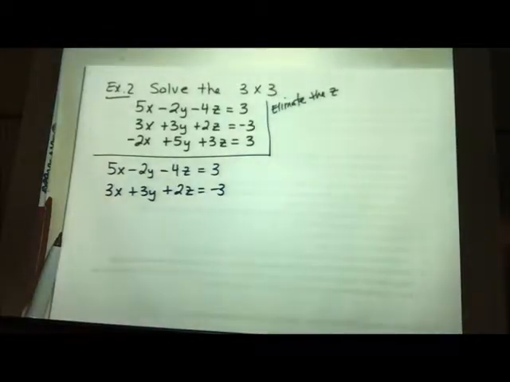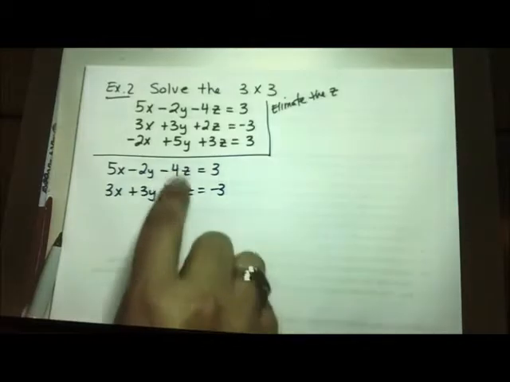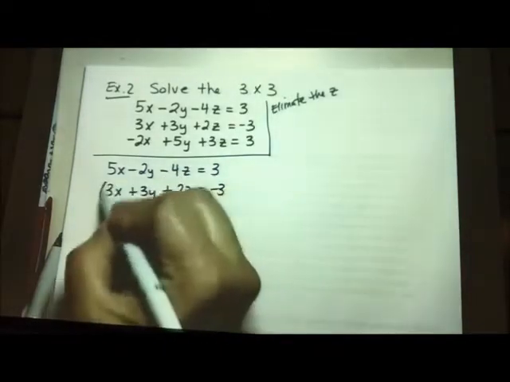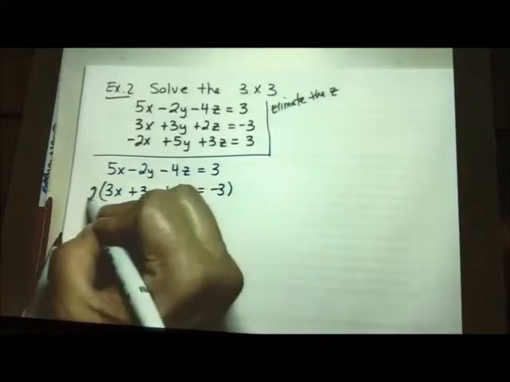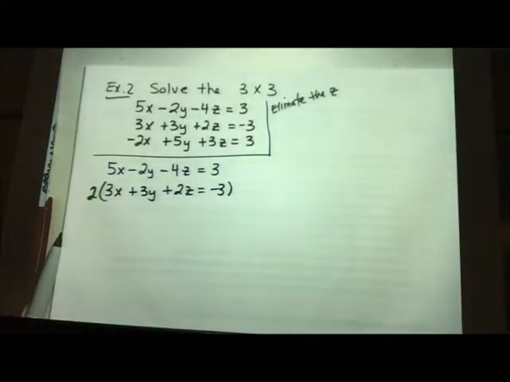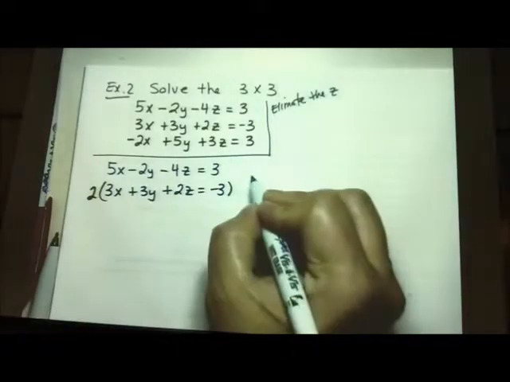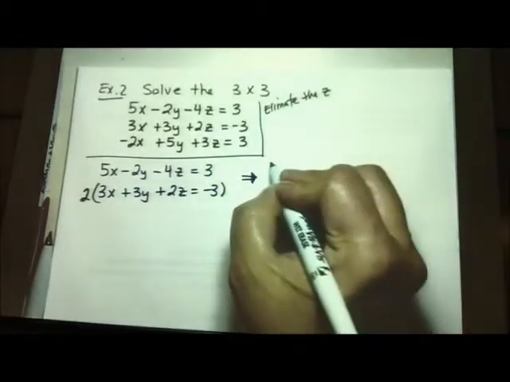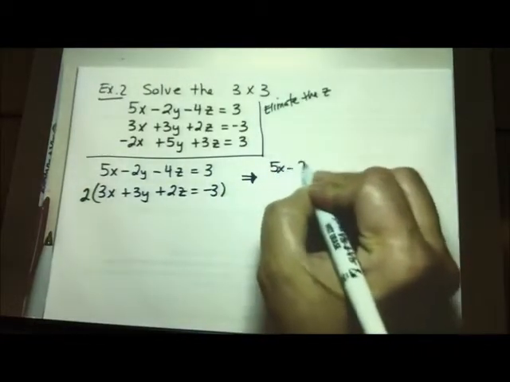So how can I eliminate the z here? This is a -4, this is a +2. If I multiply this by a +2, that should help with that. So we continue on over here. We didn't do anything to the top one, so we're just going to rewrite it.